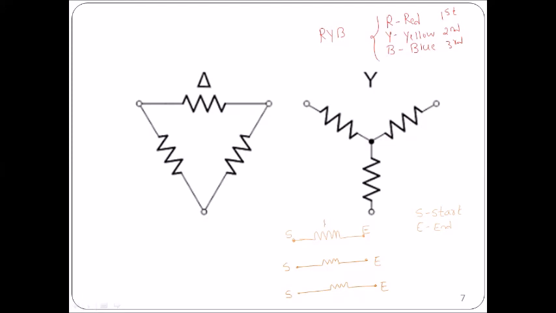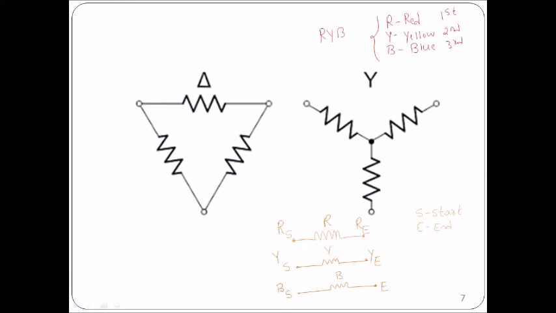So let us call this resistor belongs to R phase, this resistor belongs to Y phase, and this resistor belongs to B phase, right? So the terminal associated with R, I can write as RS, the end point associated with it will be RE, and this is YS, YE.